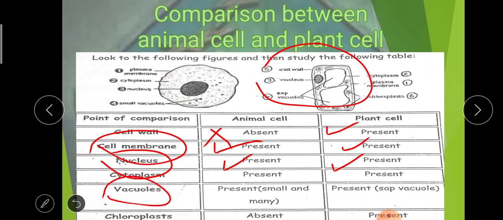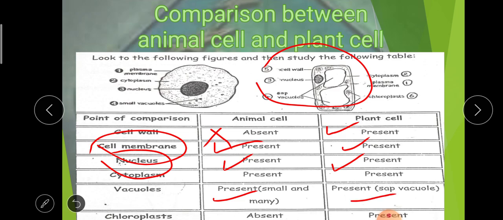The vacuoles store the food. We noted that in the animal cell it is present, but small and many. But in the plant cell, it is a big sap vacuole. Sometimes it's one sap vacuole, sometimes two, to store the food.